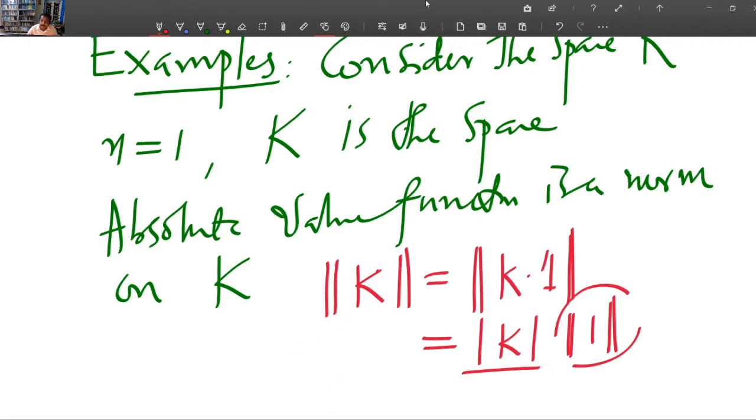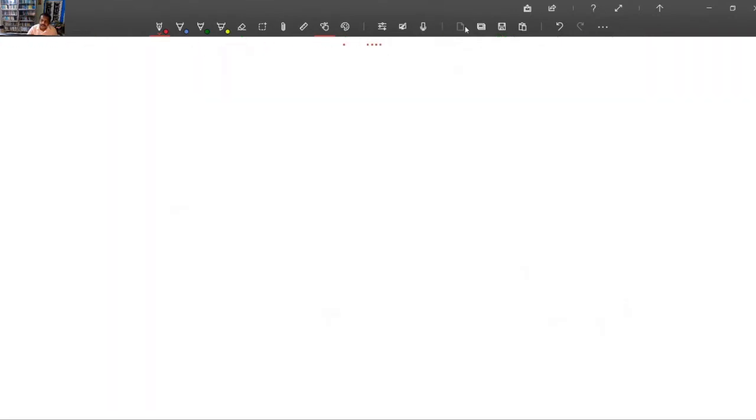And for n, you create a new page. For n greater than 1, there are a variety of norms on Kn. We are going to define that.